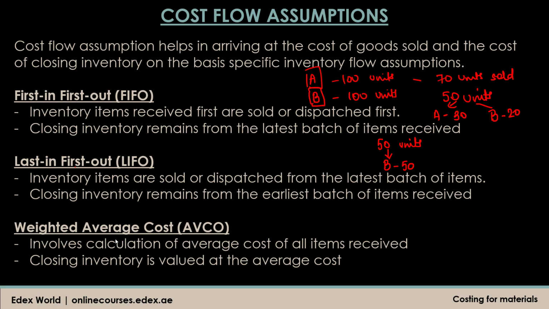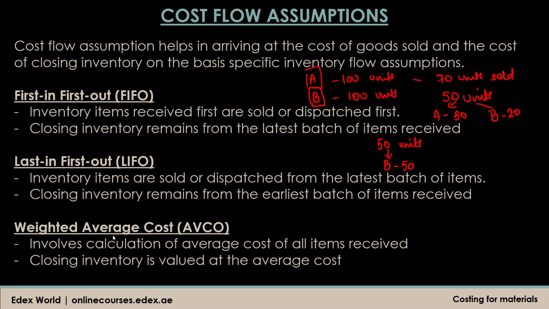And finally, we have the weighted average cost method. Sometimes for some businesses, it is not really possible to differentiate between batches and clearly state which batch items are being issued from, because maybe the items are just mixed together and the issues are random. So the businesses wouldn't want to follow FIFO or LIFO.